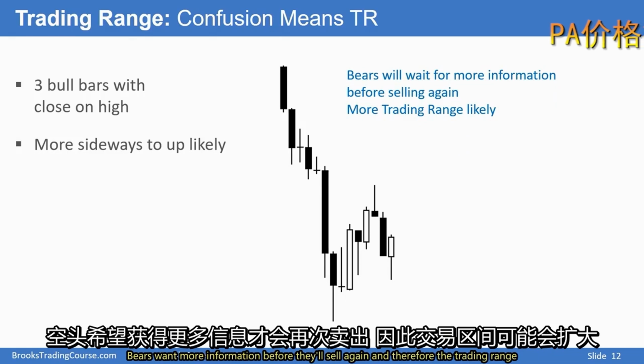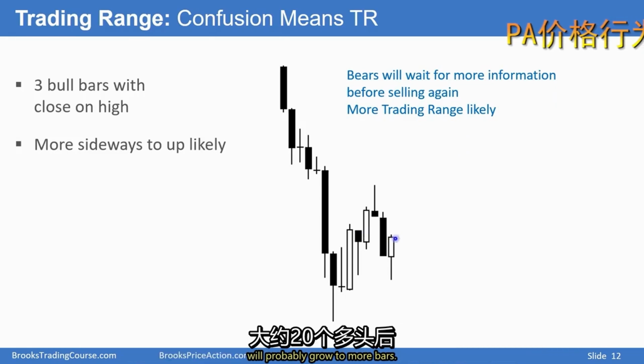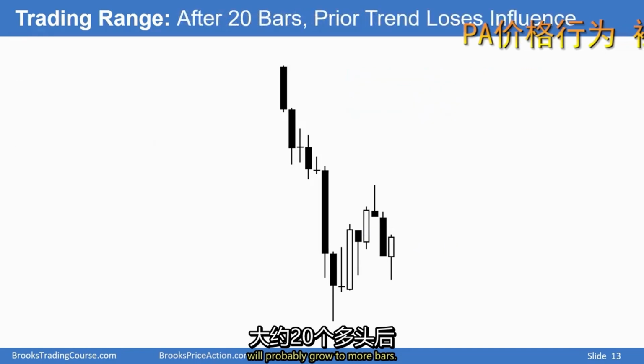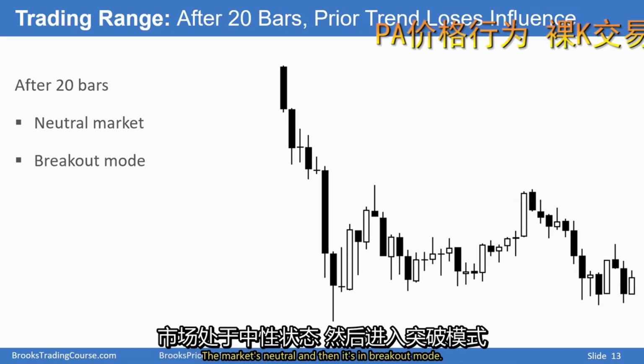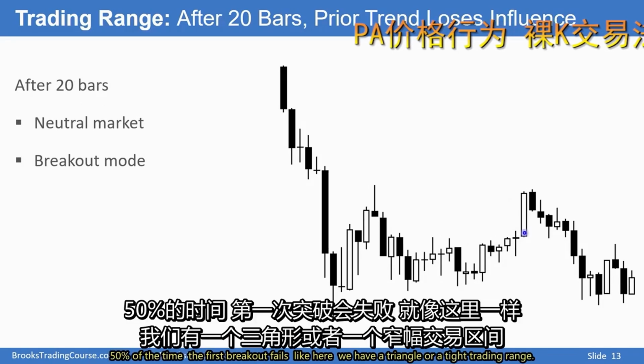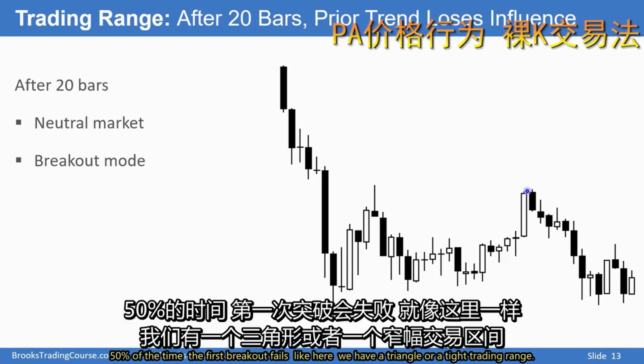Bears want more information before they'll sell again, and therefore the trading range will probably grow to more bars. After about 20 bars, the bulls and bears become just about equally balanced. The market's neutral, and then it's in breakout mode. 50% of the time, the first breakout fails, like here.